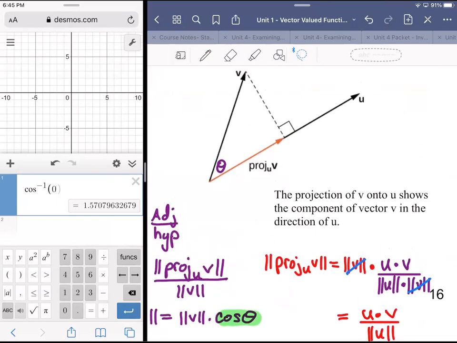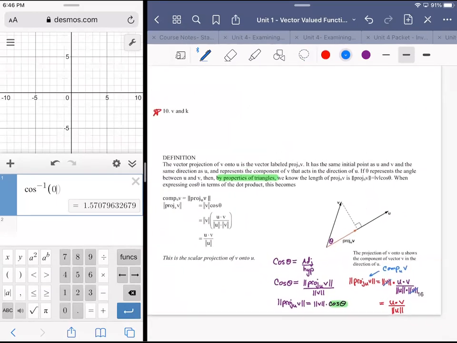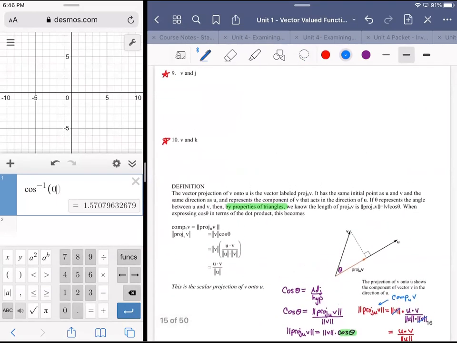But this guy over here is known as comp of v upon u. So just another thing to add to the list of things to know and become comfortable with.